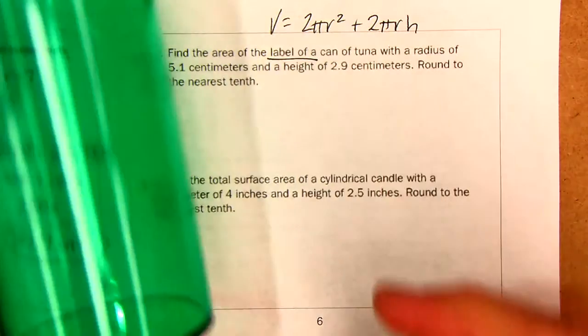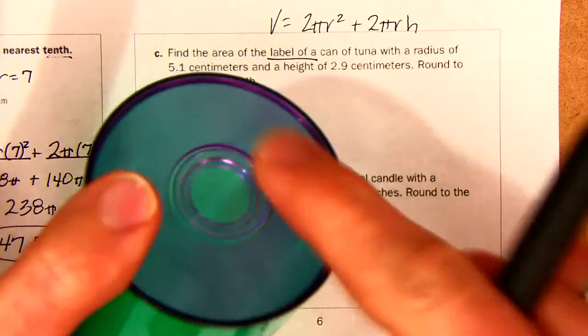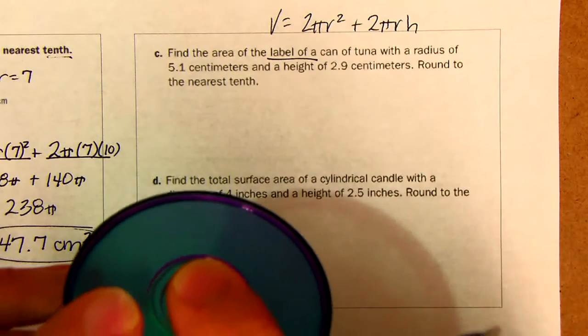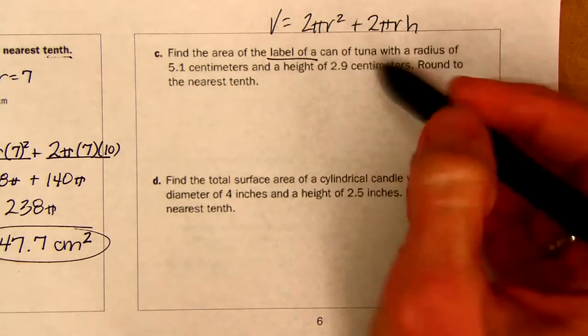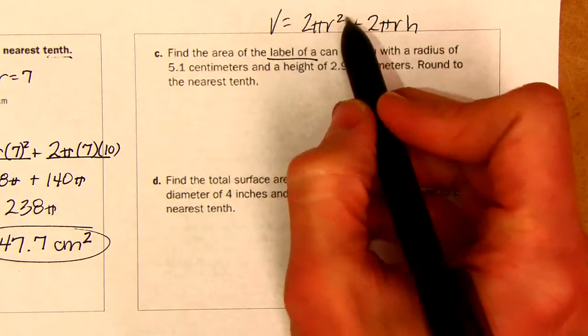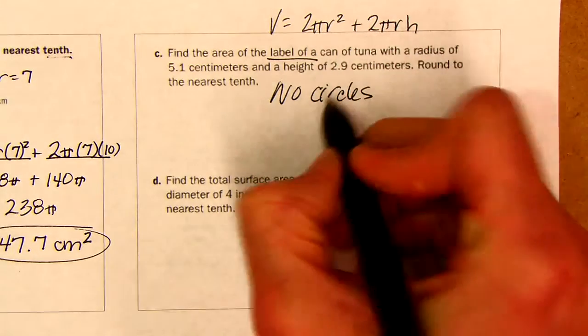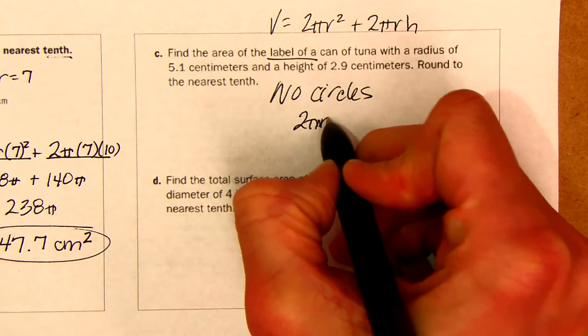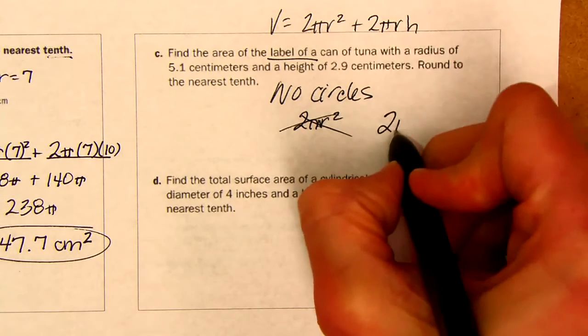You're right, it's not. So they don't want the circles. So no circles, we don't need the 2 pi r squared. We only need 2 pi times the radius of 5.1 times 2.9.